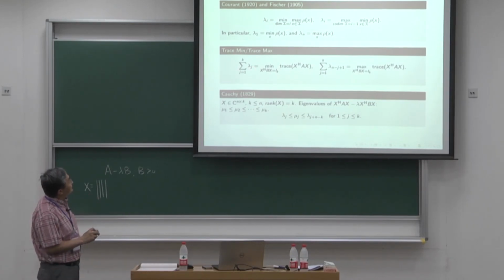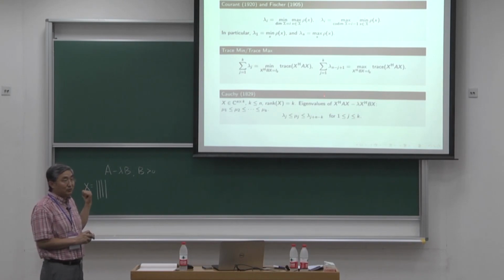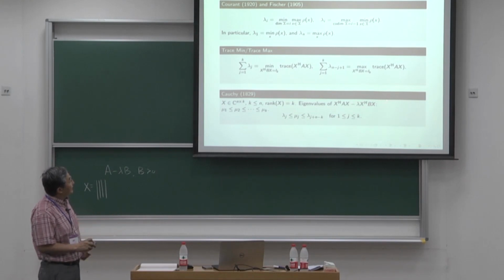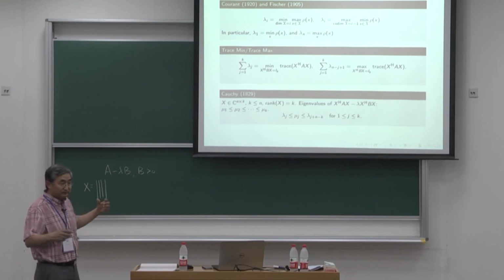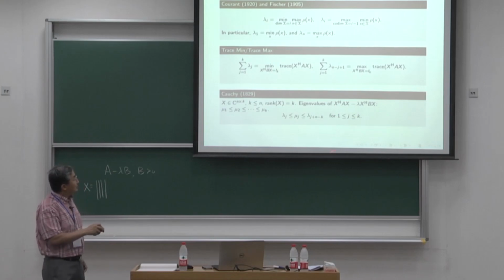Then for the trace min, you have the same principle. Before was min over, there's no B here, you stick B in. And if B is identity, you're back to the old way. For Cauchy interlacing, it depends on whether you're going to have X^H BX identity or not, but you're going to go from one matrix pencil to another by projecting X from left and right, because the eigenvalues are also real, then they satisfy that.